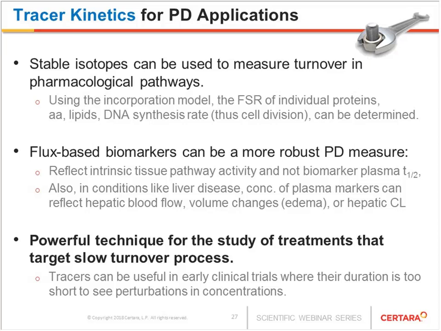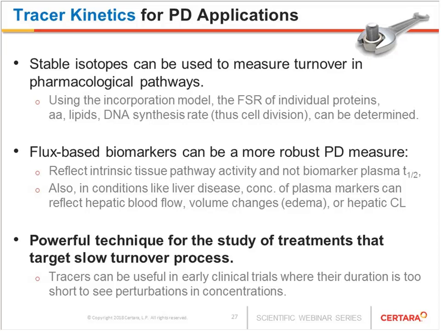And that is specifically the case, I believe, where we're trying to learn something about the intrinsic tissue pathway activity, for example, for biomarkers that have a slow half-life. That is, it takes a long time to clear from systemic circulation, from wherever we are sampling.